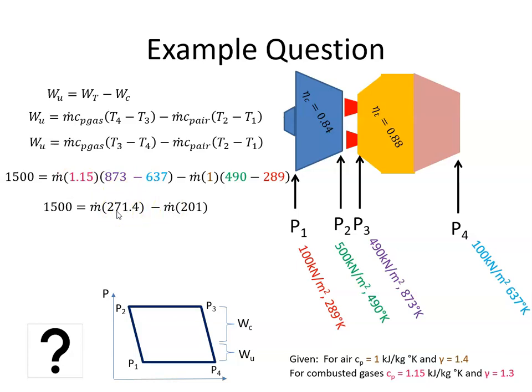So we have 70.4 M is equal to 1,500. The K's cancelled. This was 1,500 kilowatts, but this was in kilos and that was in kilos, so the K's just cancelled. So I get M to be 21.3 kilograms per second. So the mass flow of air is 21.3 kilograms per second.